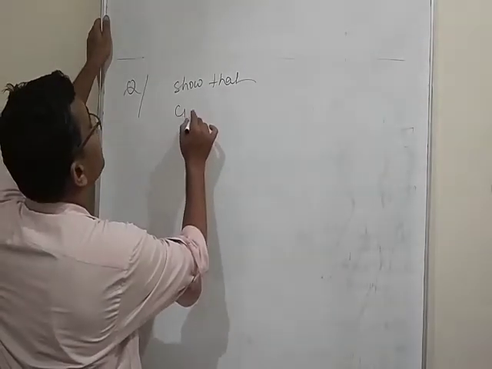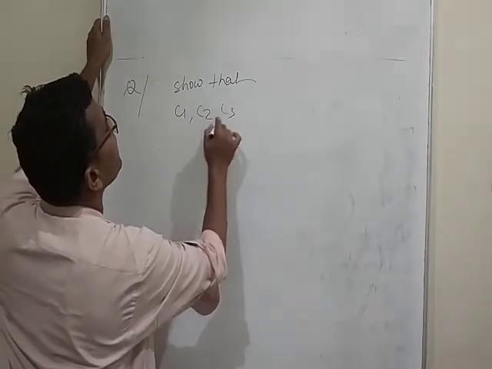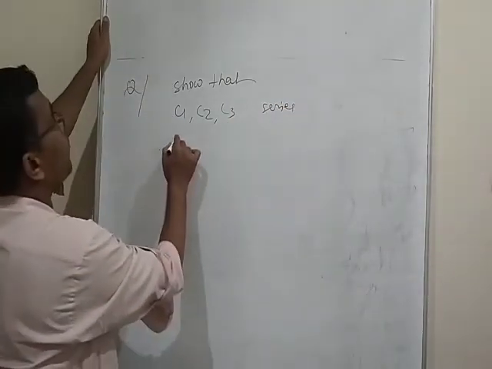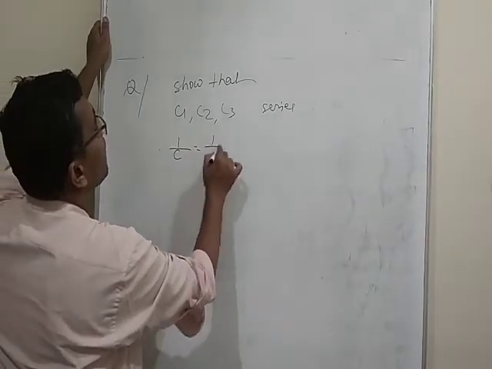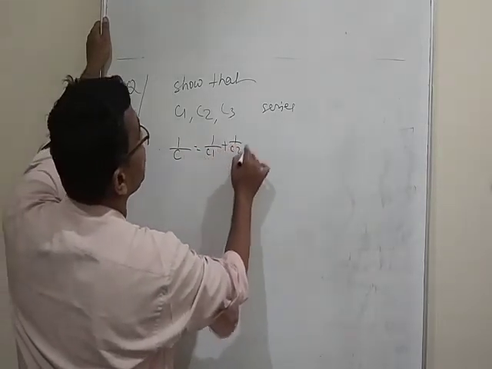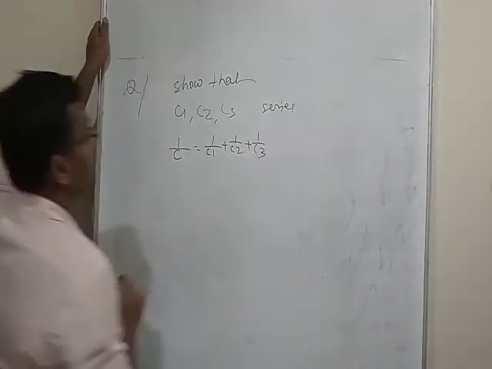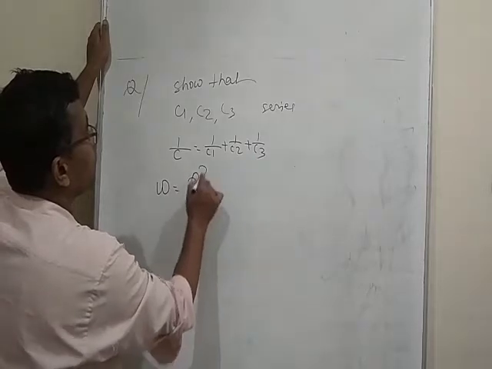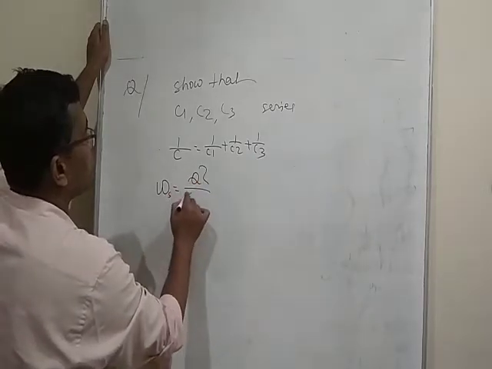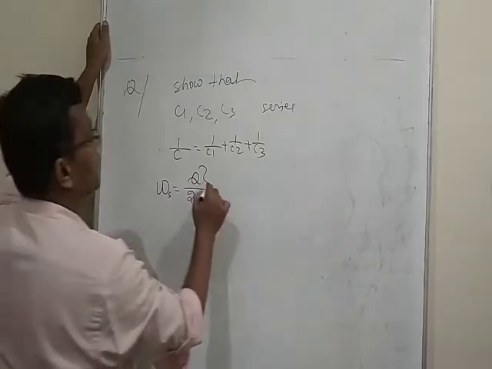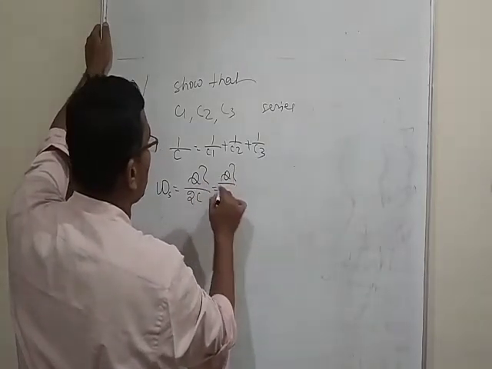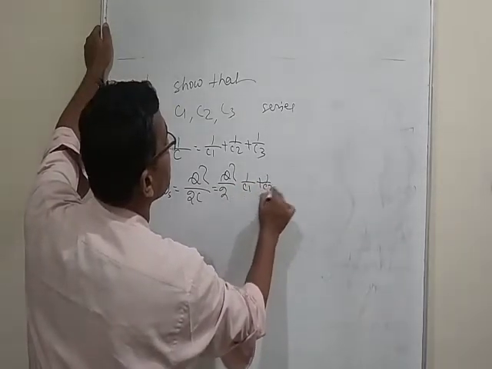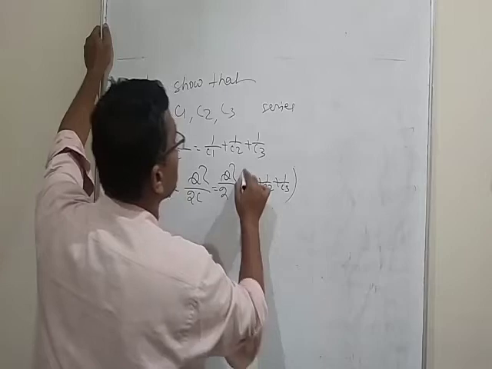When C1, C2 and C3 are connected in series, then 1 by C is equal to 1 by C1 plus 1 by C2 plus 1 by C3. We know W series is Q square by 2C, so this is equal to Q square by 2 into 1 by C1 plus 1 by C2 plus 1 by C3.